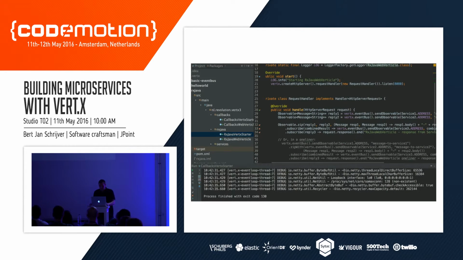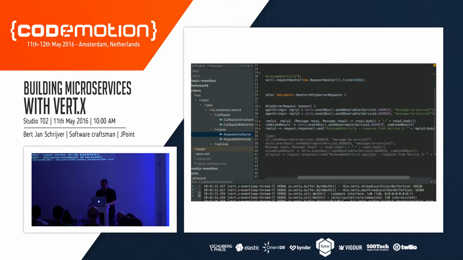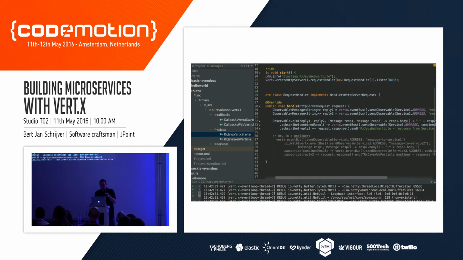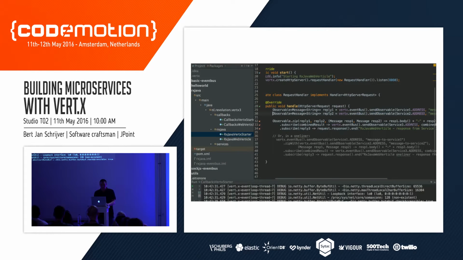So now I can send to the event bus the same call. So I'm sending to service 1, message to service 1, but I'm now using send observable. And this replies with an observable. So this is like a future that will be completed once the service completes. I can directly call the second service and then send a message and receive an observable too.